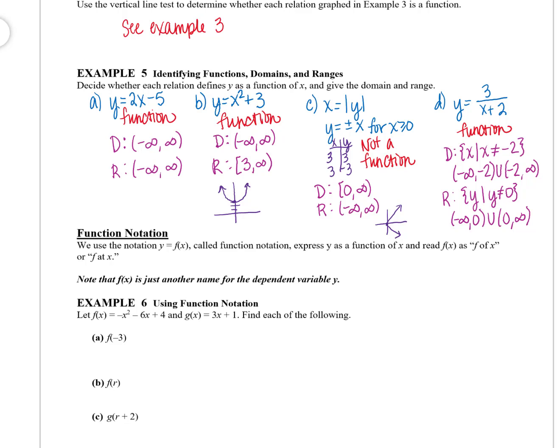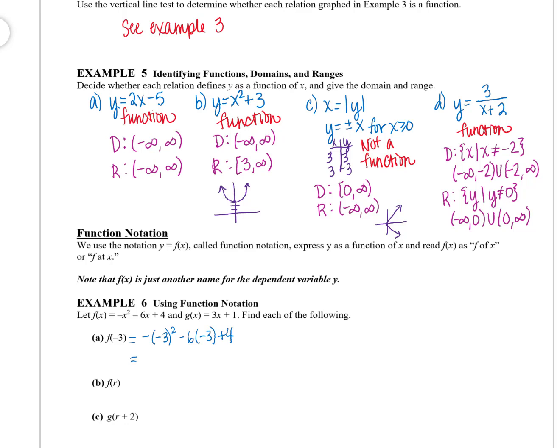We want to find f of negative 3. So we're going to plug in negative 3 for the x's in the f function. We have to be very careful because there's a negative in front of that x squared. And then we simplify.